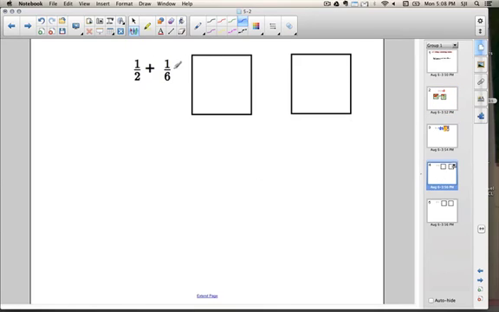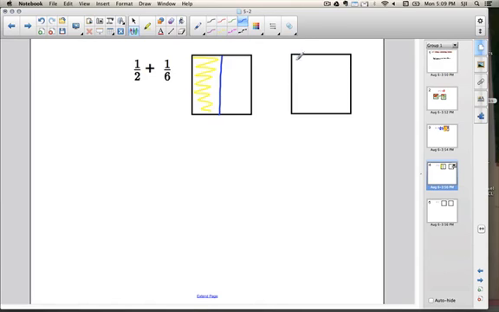Here we have 1/2, so I'm going to take this square and divide it into half, and that means if I have one of these, I have this much over here.